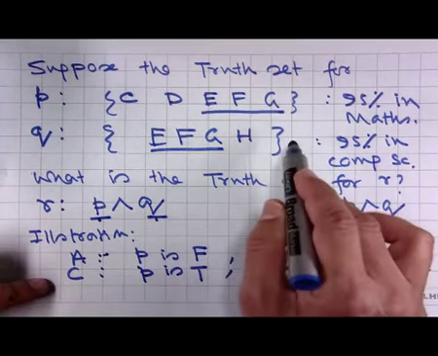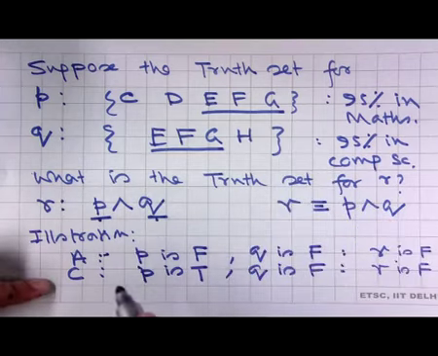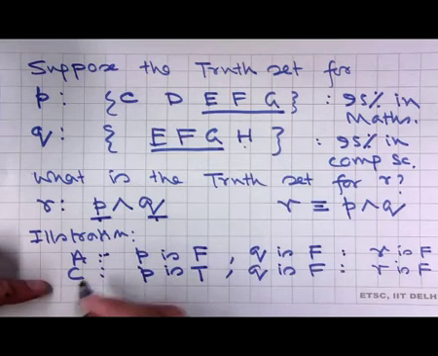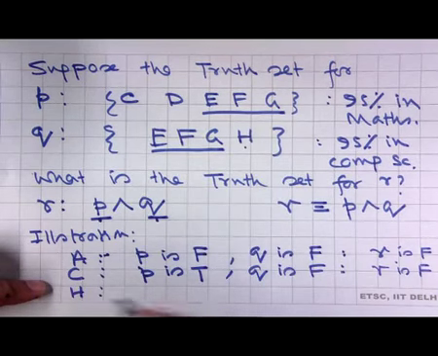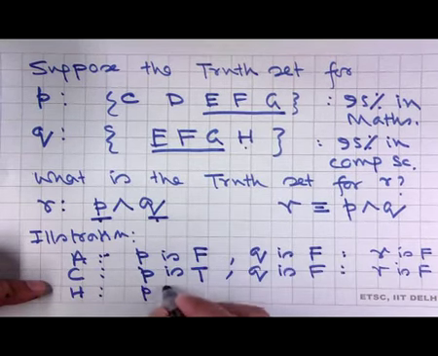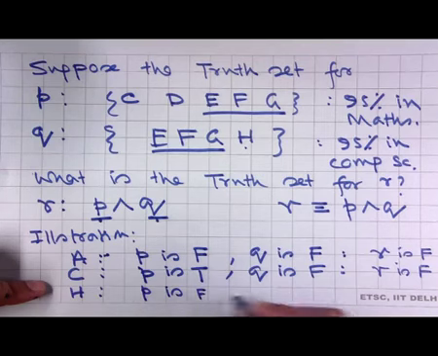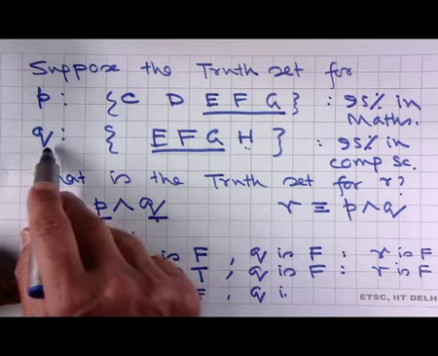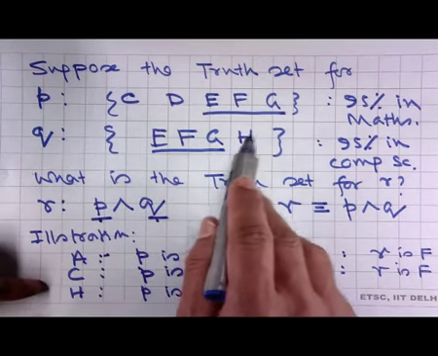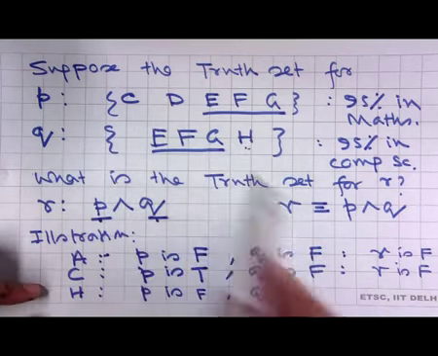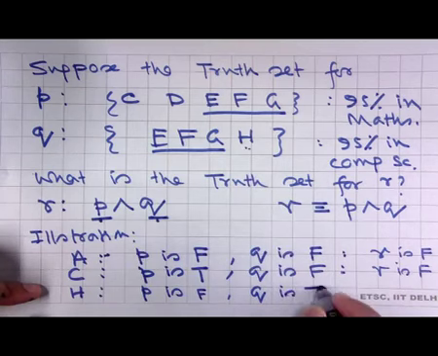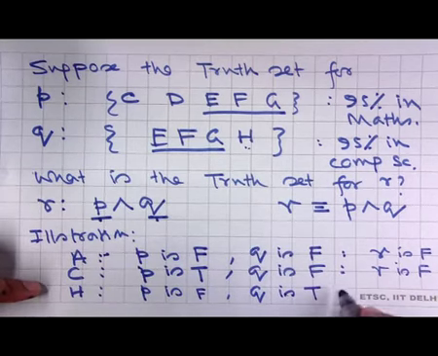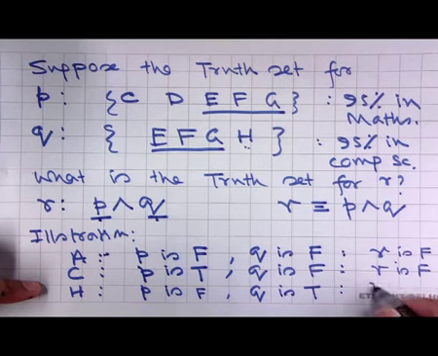For a student say like H, consider H. For H, P is false, Q is true, because he belongs to the truth set of Q. That means that he got 95% in computer science, and if we look at it, then we know that he also does not get a prize.